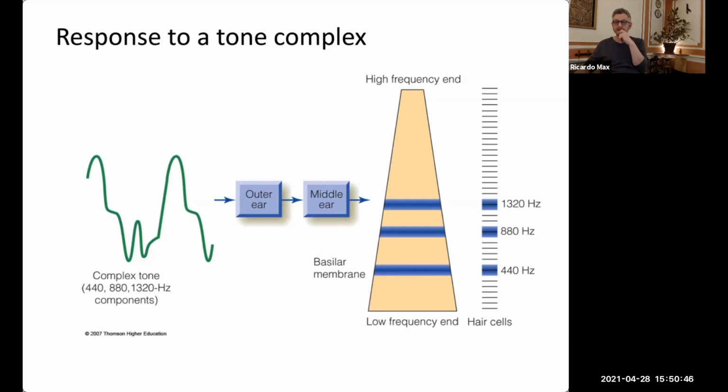Okay? Now, and it occurs at the same time. Is it clear? Okay. Now, I don't know if you realize, these numbers, these frequencies, they are multiples of 440, right? And later we will see when it's important.